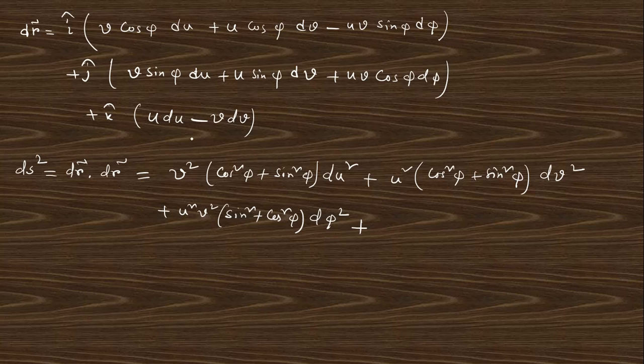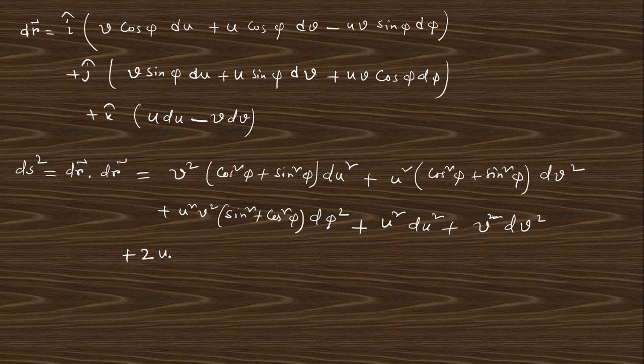And from here you will get u square du square plus v square dv square, right? Take the term with 2, so 2uv, and just rearrange it.